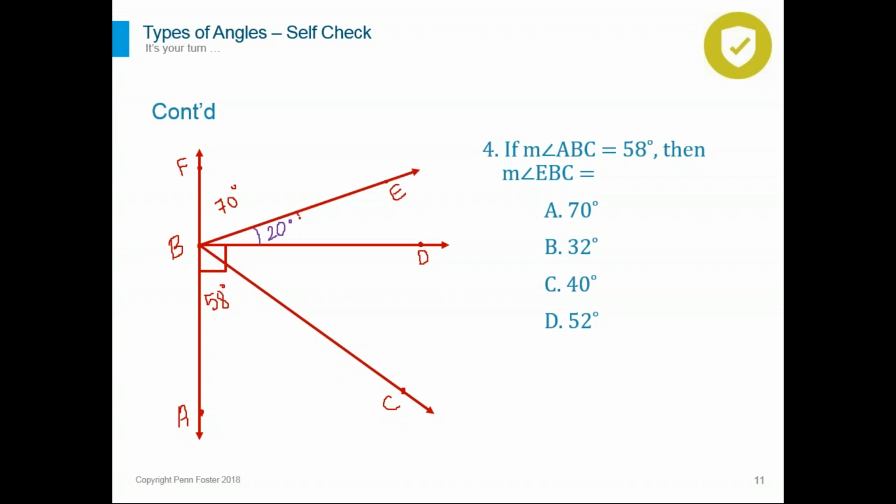It's looking for the angle measure for this angle. How can we find the measure of this angle? Look at the figure and try to find relationships between the given angles so you're able to find the measure of EBC.